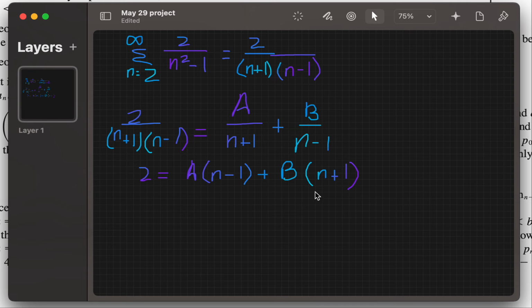So now, when n is equal to 1, n minus 1 would be equal to 0, so that's 0 times a. A would be canceled out. And n plus 1 would be equal to 2. So you'd have 2b is equal to 2.